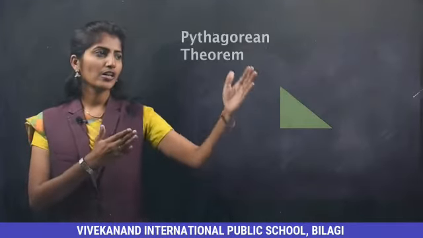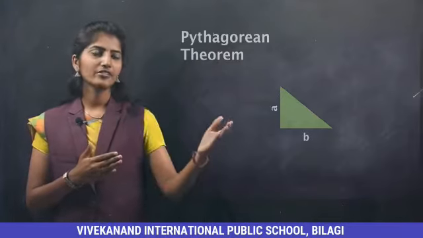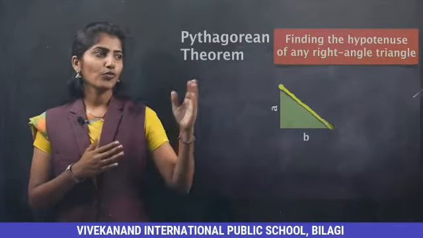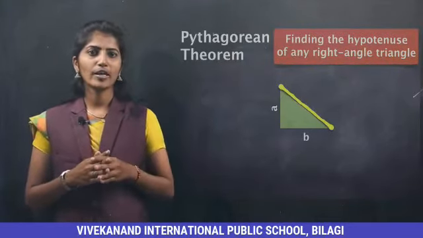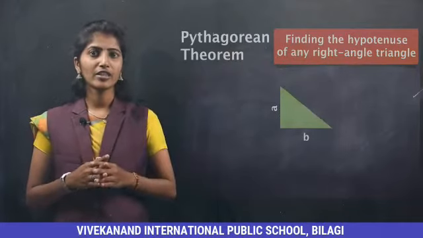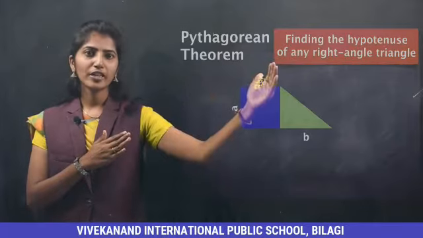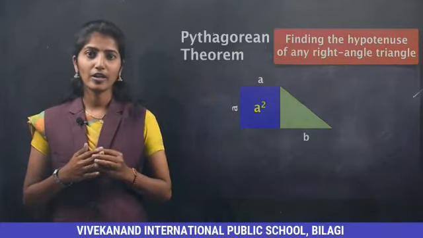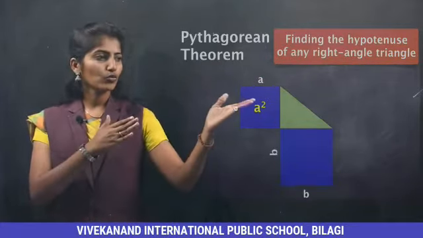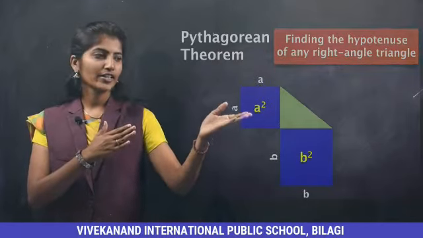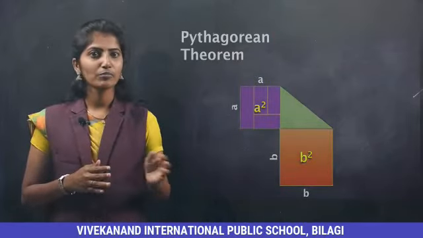So consider a right angle triangle with the sides A and B. To find the actual length of the hypotenuse of any right angle triangle, here the side of length A, if we move up to A units, we get A square. In the same way, if we move the length B of the side up to B units, we get B square.